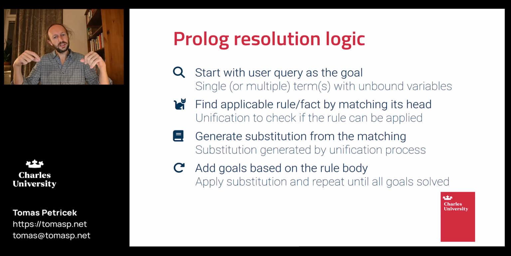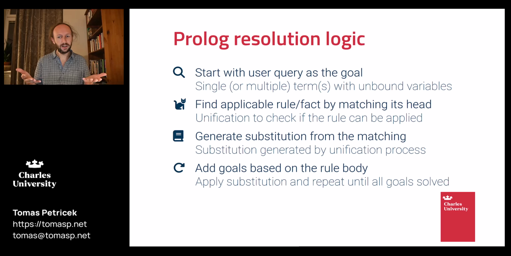What we do is find an applicable rule or fact that matches this term. We go over all the terms and try to use unification, just like when we were unifying types, to find a rule or a fact that can be unified with the query.